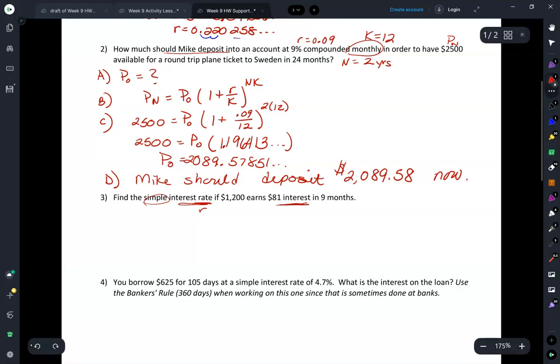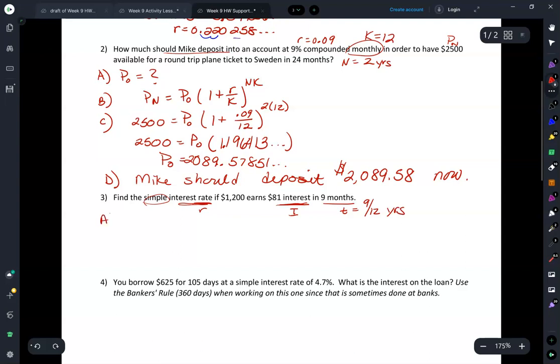And then we just have what the money amount is, right? So one thing's a rate, which is a percentage, and the other is just a dollar amount. So we have $81 for our capital I in 9 months. So that's time, and it will be 9 over 12 for years.